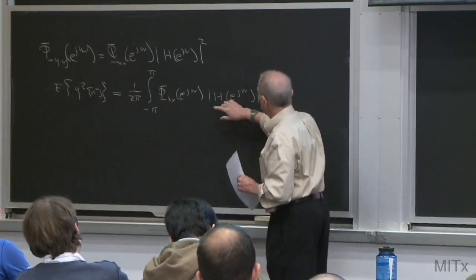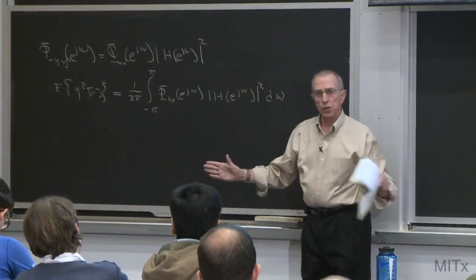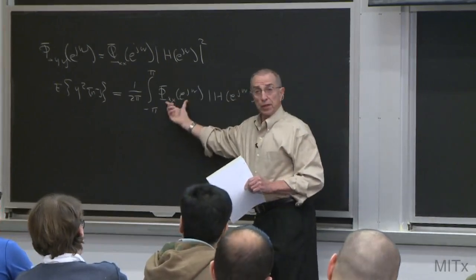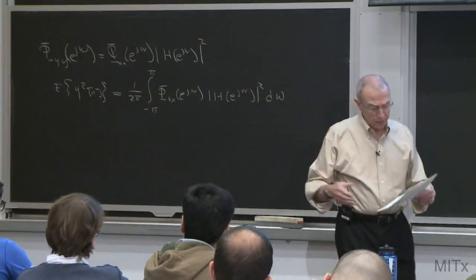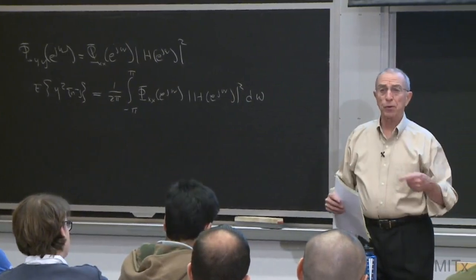In other words, if this filter is 1 in a band and 0 outside the band, then this integration is just going to be integrating this in that band. And that's why it's often referred to as the power spectral density.